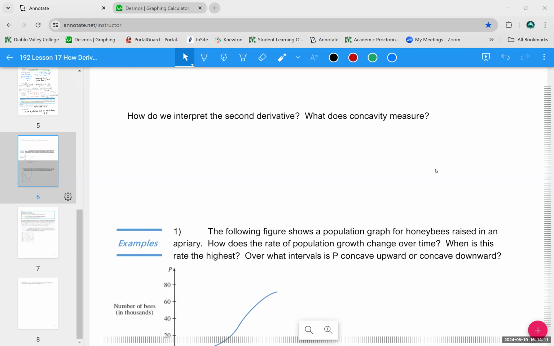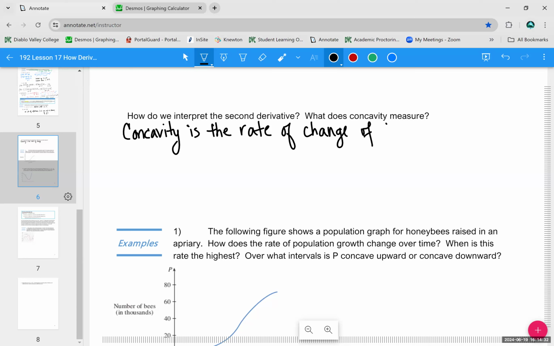Okay. So we kind of just talked about the fact that concavity, or second derivative, is the rate of change, because it's a derivative. What is it the derivative of? Of the derivative, okay?